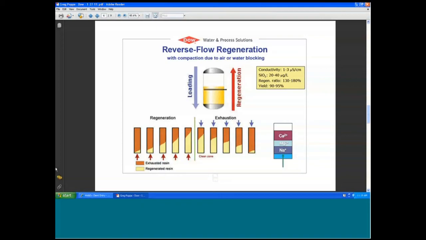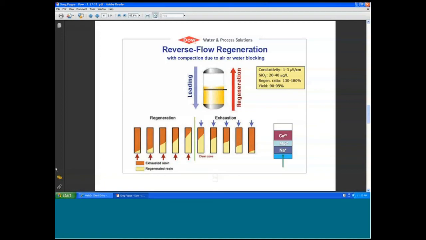Now, the trade-off is that the system design is going to be a little bit more complex. You can see in the diagram that there's an additional dark line in the middle of the vessel which represents a collection lateral for the regenerant. So that's an additional cost to the overall system.